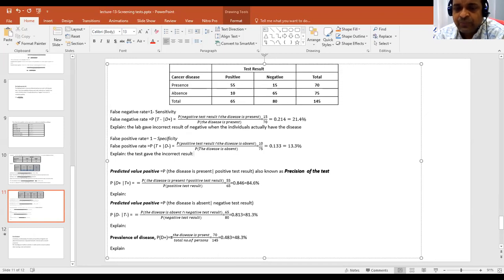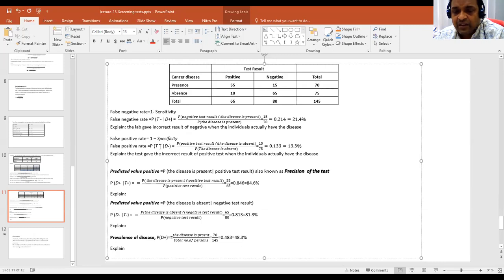So I'm writing it this way: the lab test gave the incorrect result of positive test when the individual actually does not have the disease. So this is the false positive rate.